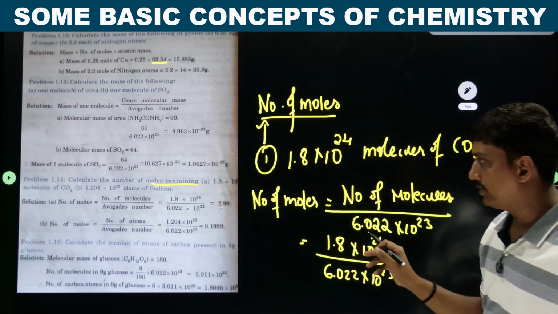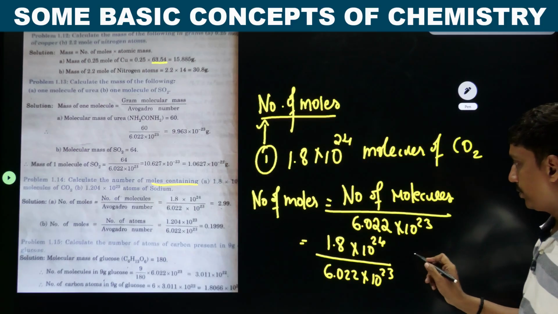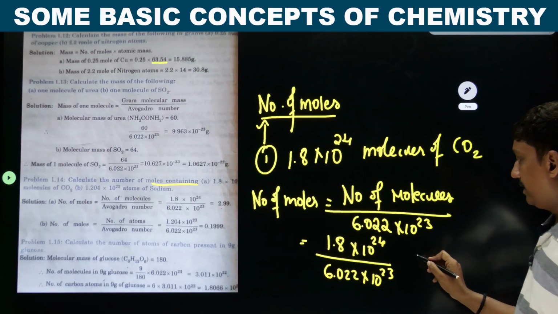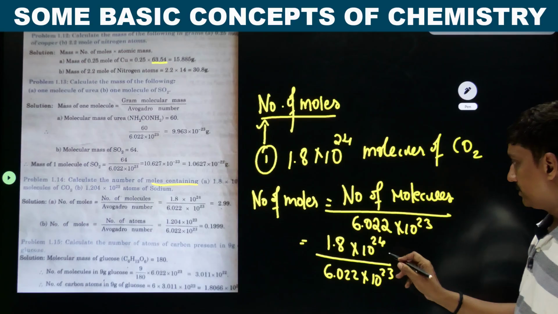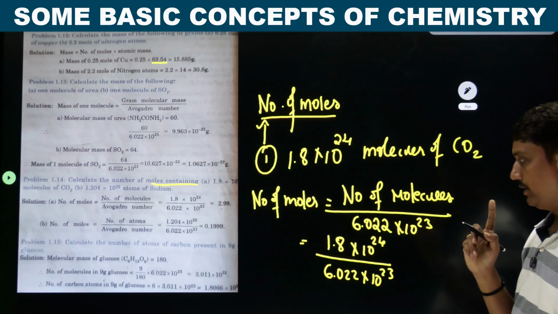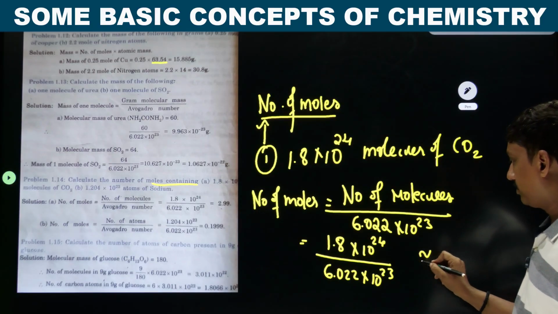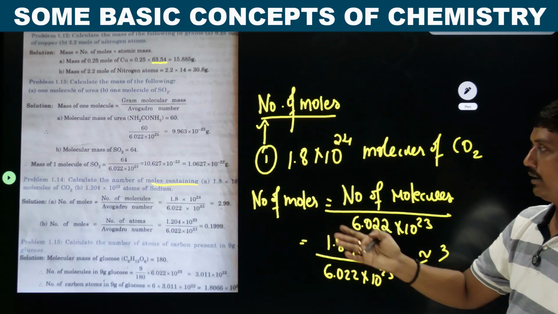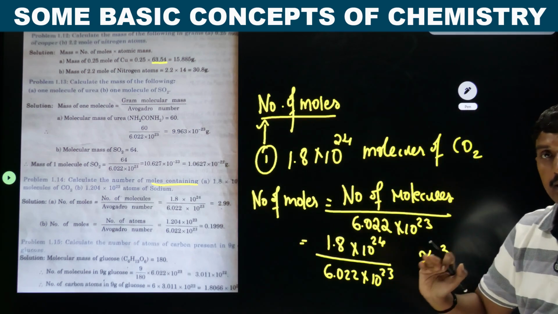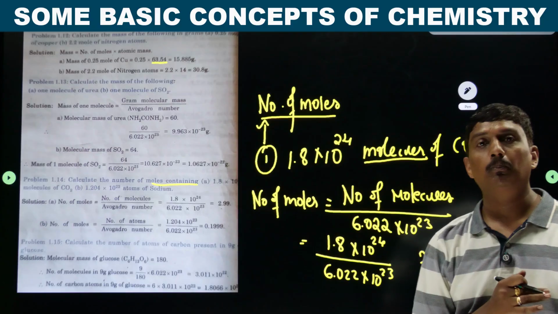Take the numerator 18 and the denominator 6. 6 threes are 18, so it is almost equal. 10 to the power 23 means it is equal to 10 to the power 1, which is 10, so it is 6. 1.8 divided by 6 is 0.3. It can be written approximately as 3 moles, or if you want to calculate exactly, it is 2.99. So what we did here: the number of molecules was converted into the number of moles.